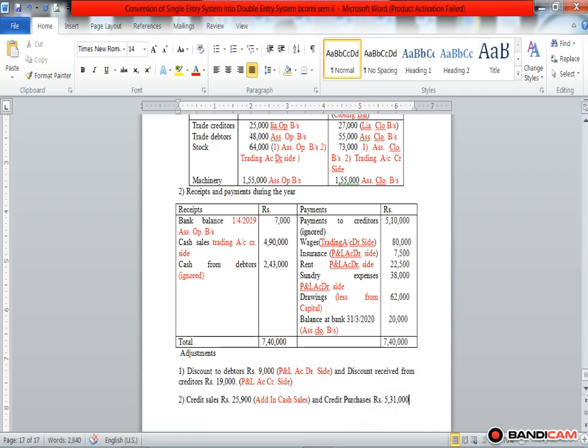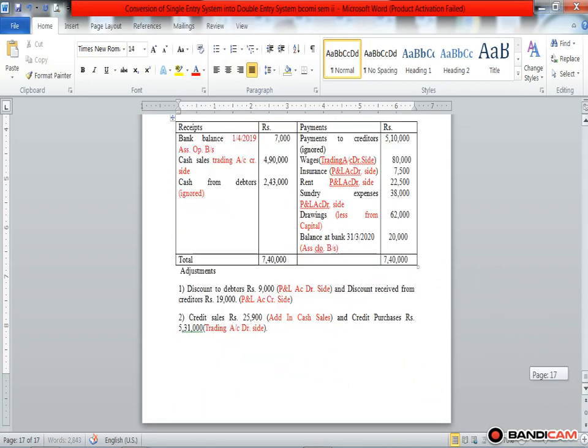But here in the cash book there is no cash purchase given, so the credit purchase is directly posted to the trading account debit side. Okay, debit side. Got it? Okay, yes sir, we got it.